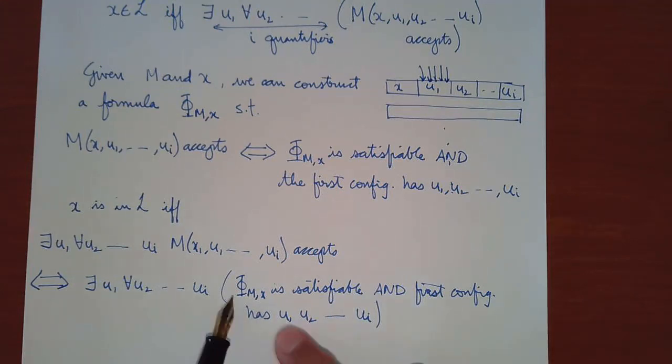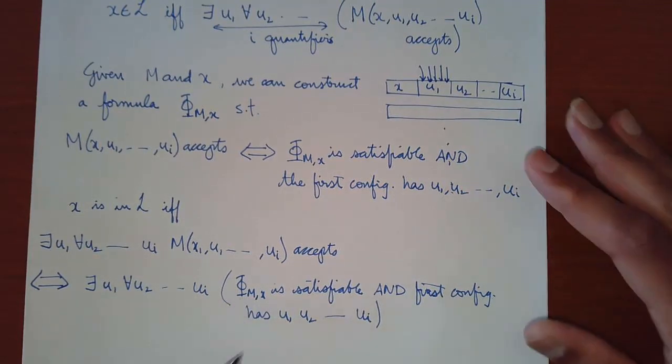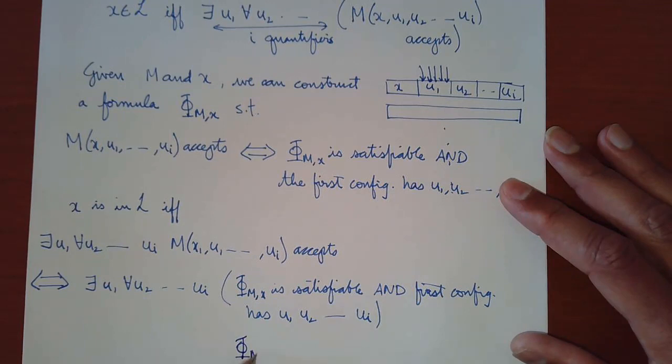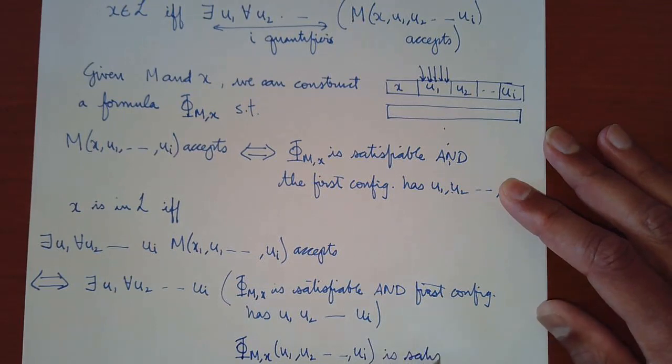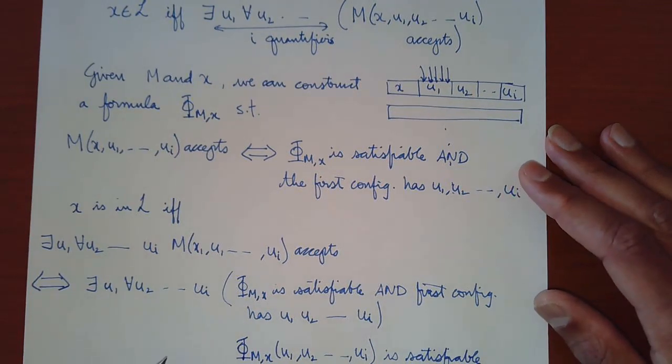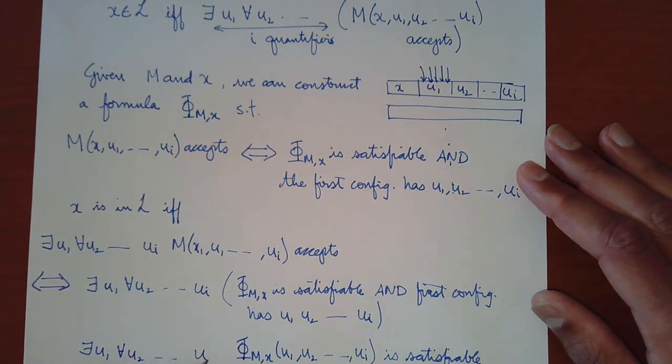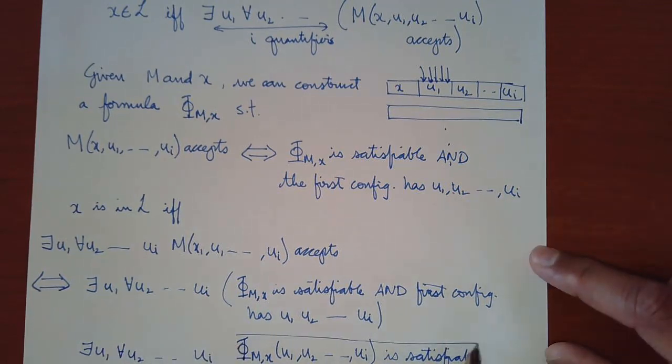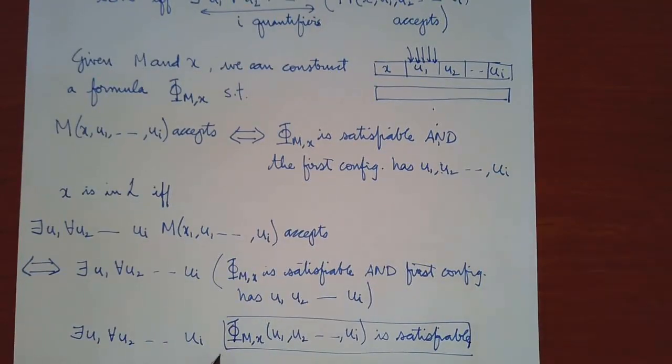So I can write this out as simply saying that phi of M_x on u1, u2 up to ui is satisfiable. So there exists a u1 for all u2 up to ui. Now here's the problem: this statement also has a quantifier, because it says there exists a satisfying assignment. So I will add an extra quantifier and I will get sigma i plus 1.